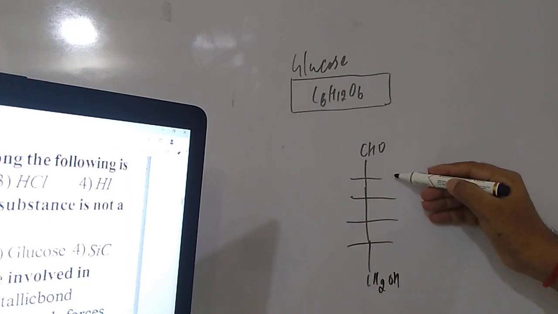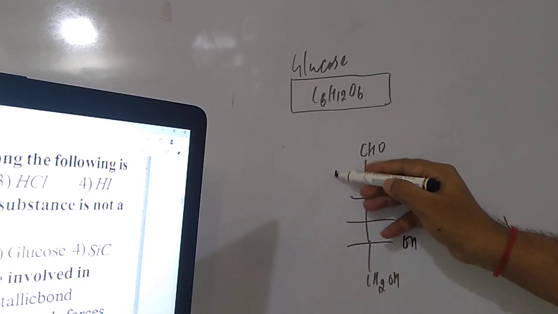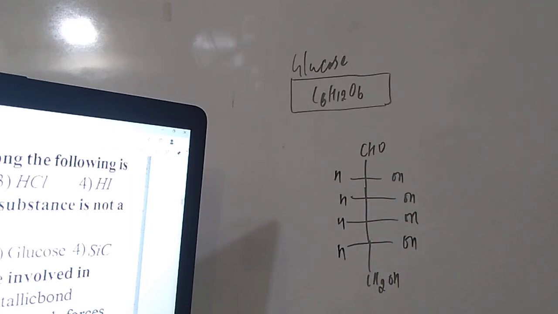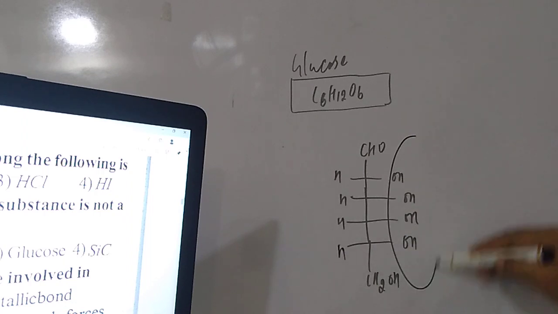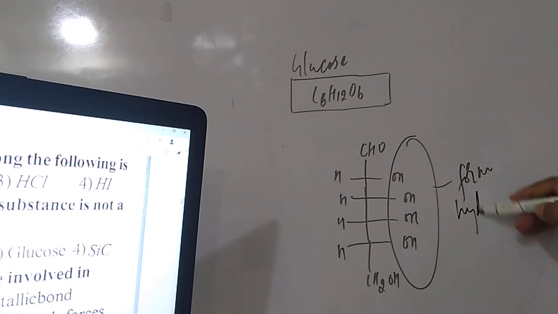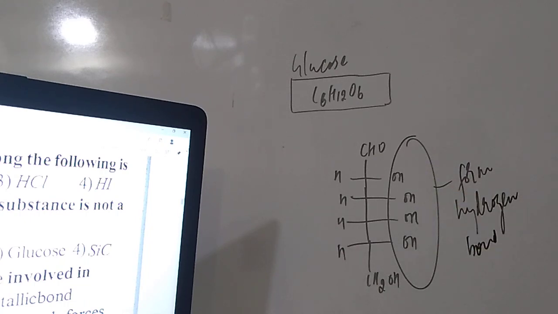Suppose this is the OH, and here is hydrogen. In this case they are all capable of forming hydrogen bonding, because hydrogen is attached to oxygen.